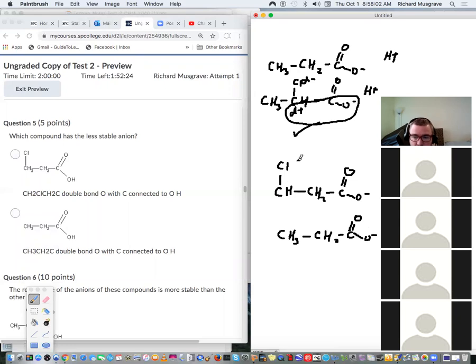We've got delta minus on the Cl, delta plus on the C. So the delta plus on the C, in the one that has the Cl, will enable some stabilization, whereas the bottom one doesn't have anything to stabilize the O negative like the top one does. So this one would be the less stable of the two anions. Does anybody have any questions?